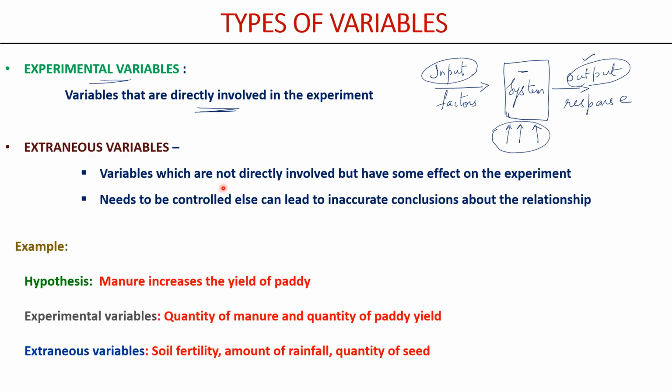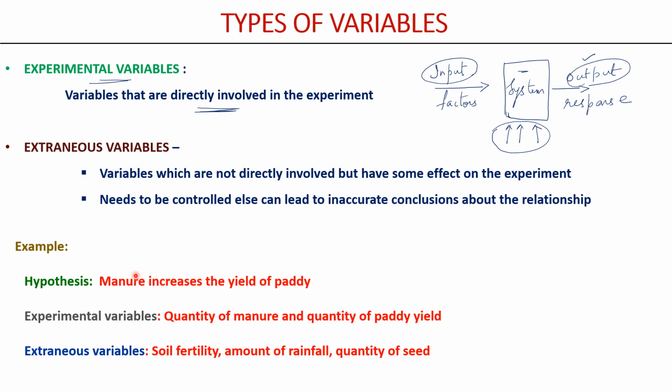So variables that are not directly involved but have some effect on the experiment are called extraneous variables. Now these are the variables which can give you an inaccurate conclusion, and thereby it is important that we minimize the effect of these extraneous variables. So this is one of the objectives of design of experiments.